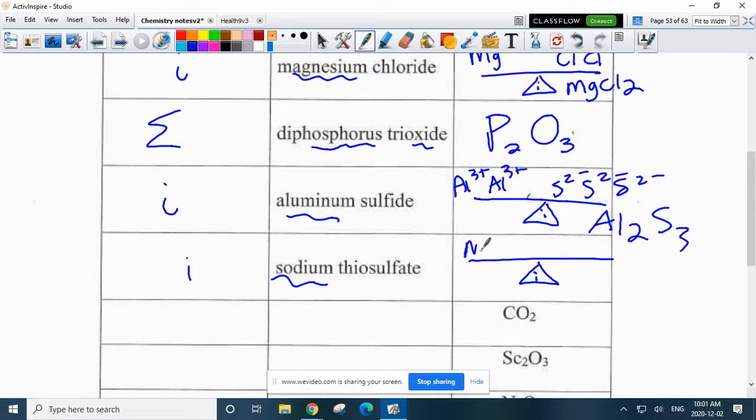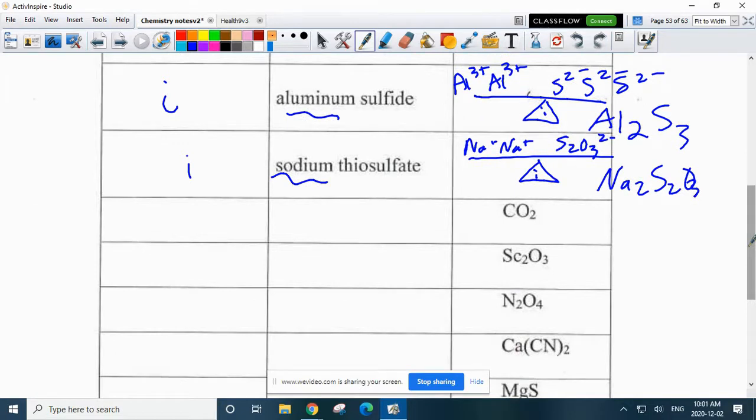Sodium is Na+. Thiosulfate is a complex ion, so I'm going to grab my periodic table and find thiosulfate: S2O3 2- on the very end. S2O3 2-. So this is also an Na+, so I've got Na2S2O3.